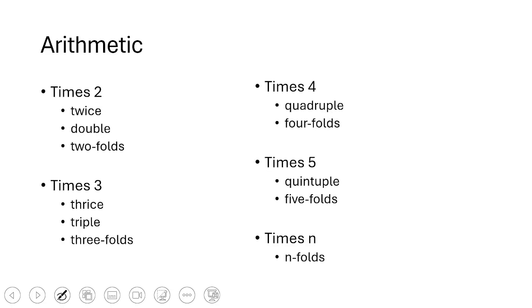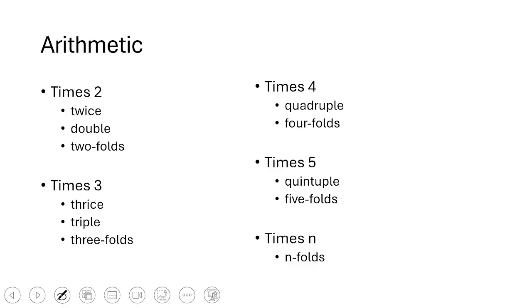Now let's look at other ways that we can express multiplication. If we are multiplying by 2, we can say twice, double, or two folds. As we have seen, for multiplication by 3, we can say thrice, triple, or three folds. Multiplication by 4 is quadruple, four folds. Multiplication by 5, quintuple, five folds.